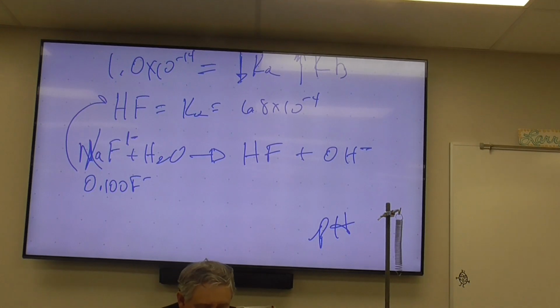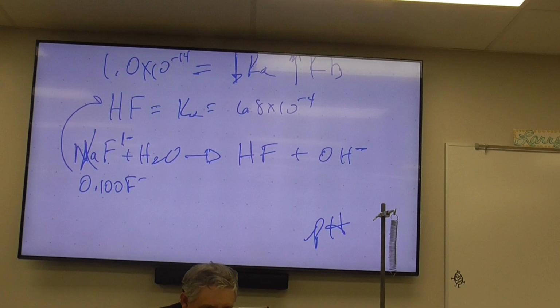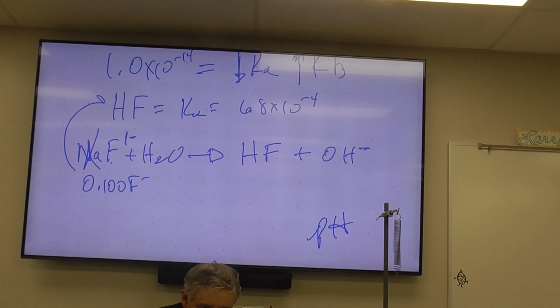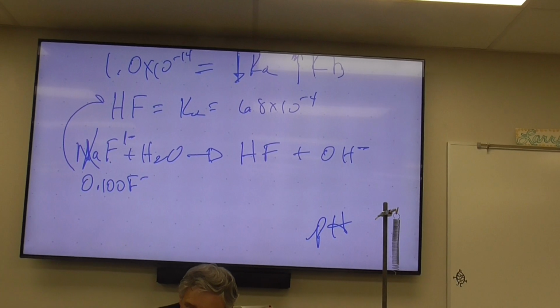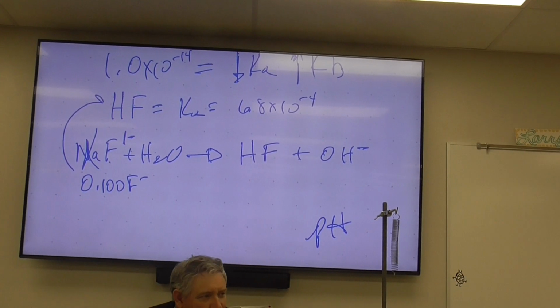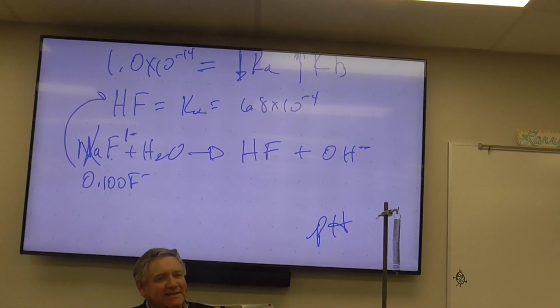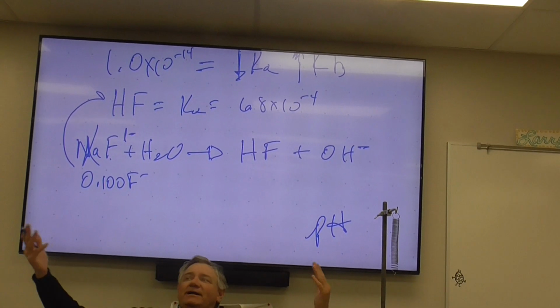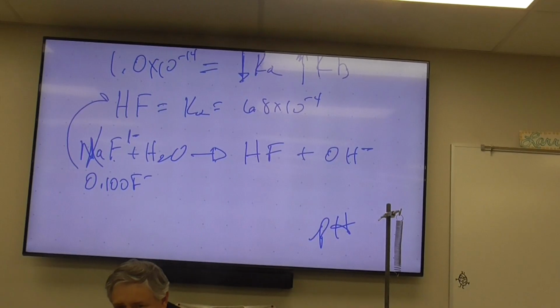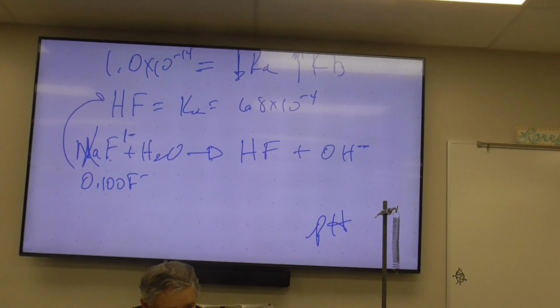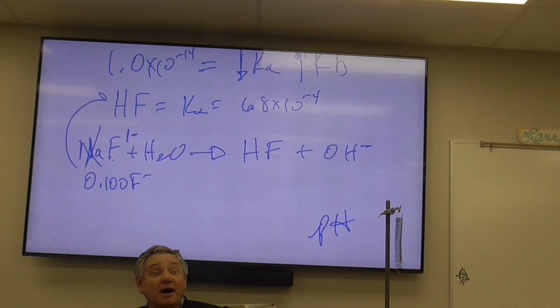First off, are you going to use the Ka of hydrofluoric acid? No, you're not. It's not acting as an acid. What's it acting as? Base. It's acting as a base. I had a 50-50. And you did not choose wisely.